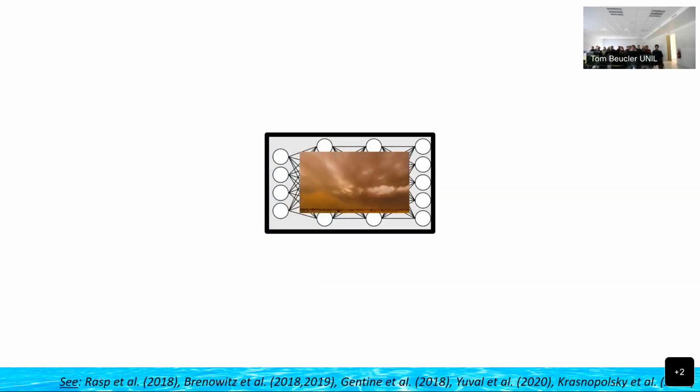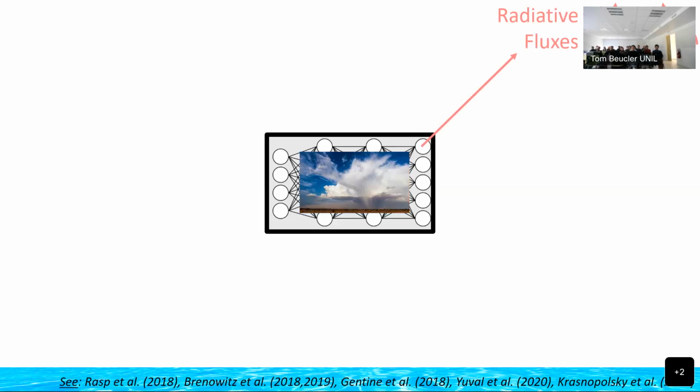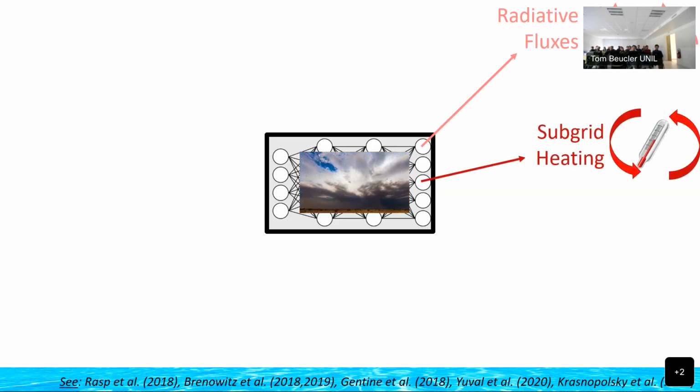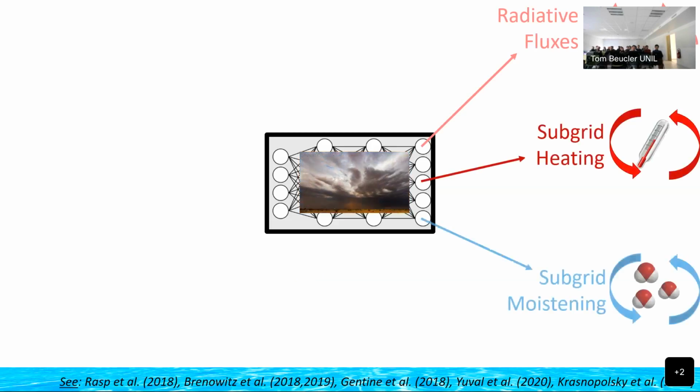So what we're trying to predict from the neural network are radiative fluxes at the top and at the surface and the top of the atmosphere, and very importantly, subgrid heating and subgrid moistening. So this is the evolution of temperature and water vapor that is due to these fine-scale storms.